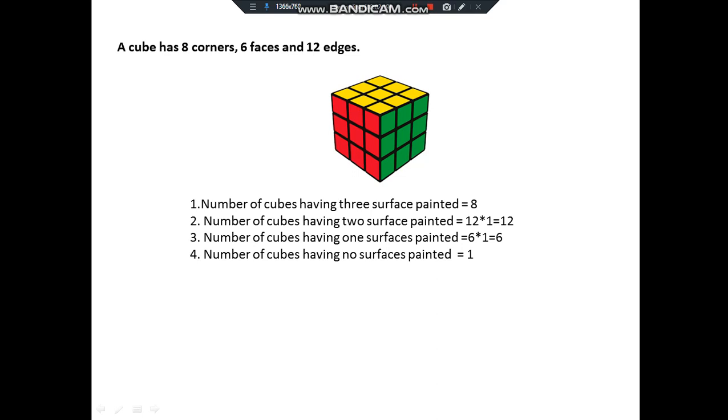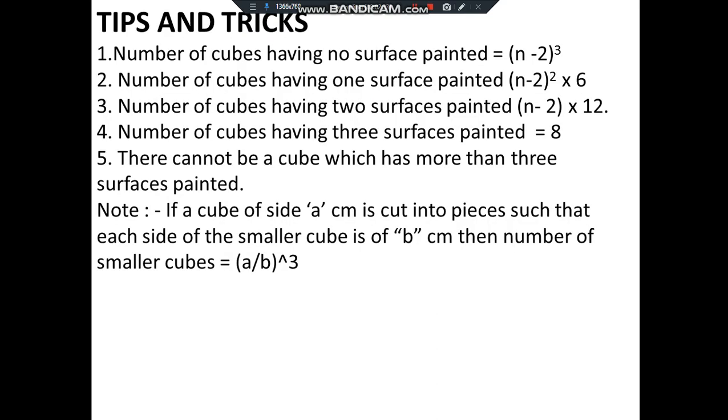Hope you understood. This is the actual concept, but since in our examination we cannot go for long steps, we have some tips and tricks to solve these questions easily.